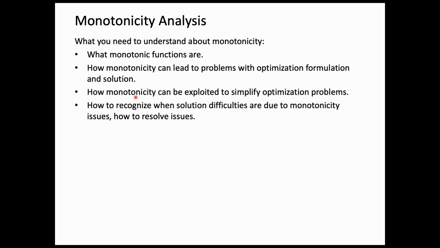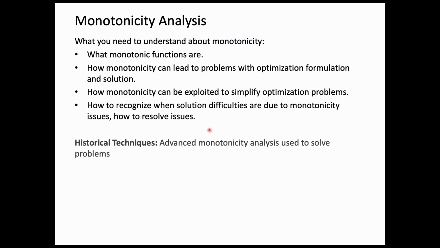We may not, in this case, be able to prove anything about monotonicity, but going through this and understanding monotonicity conceptually will help you understand what things to look out for. What are the red flags that are clues that indicate you might have a monotonic relationship in your problem, and you might need to revisit the problem formulation to ensure that, for example, it is bounded.